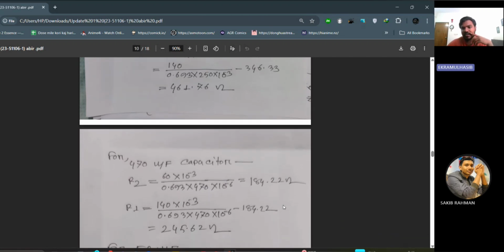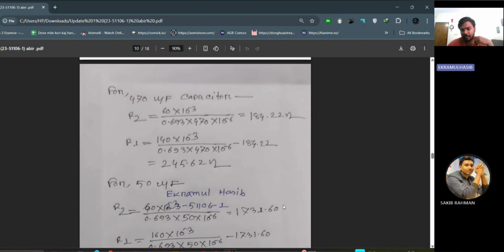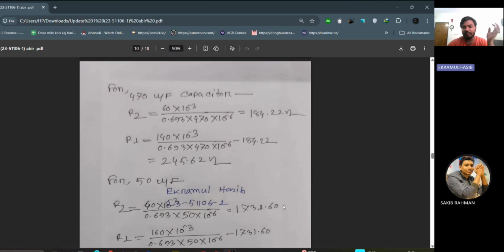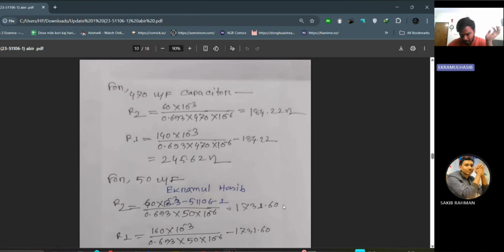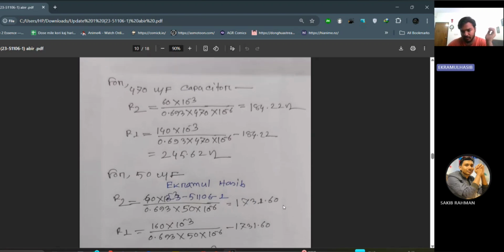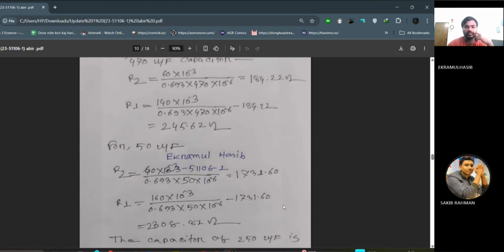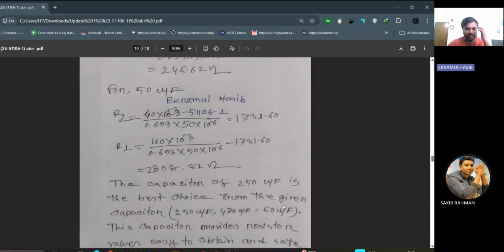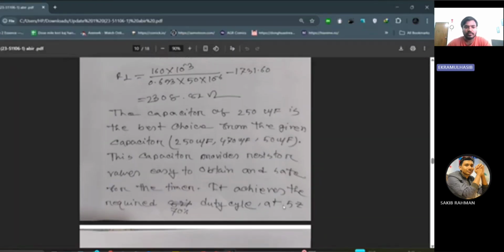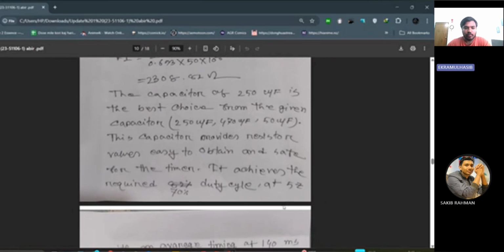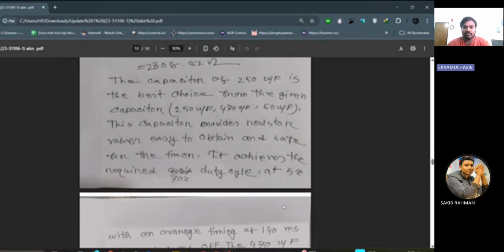Step by step with the 470 capacitor, then 400 microfarad, and 15 microfarad, then calculate the 3 capacitor values. Then the 215 capacitor is the best choice from the given capacitors: 15, 215 microfarad, and 470.